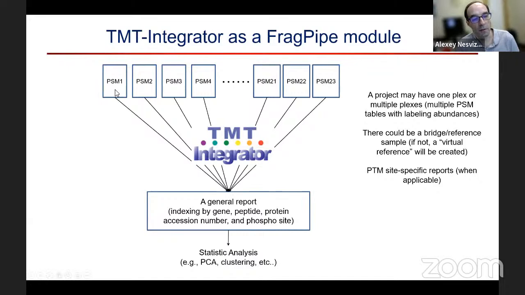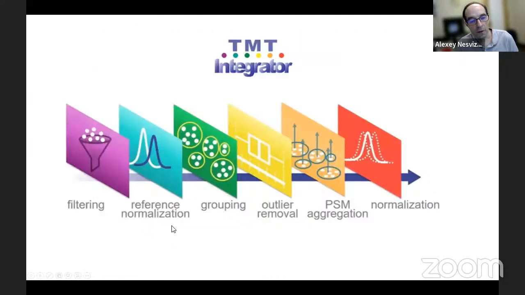If you have multiple TMT plexes, with or without bridging channel, then you'll have multiple PSM tables generated by FragPipe. Then you'll have to go through certain steps to filter the PSMs and then assemble them, group PSMs into proteins or peptides, aggregate the information and generate the reports, right? The common steps are reference normalization if we have a bridging channel, grouping, outlier removal, aggregation of PSMs, and then normalization.